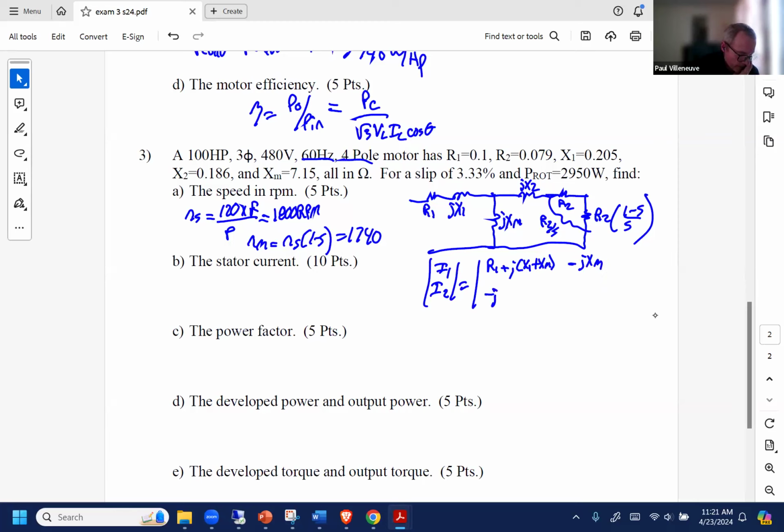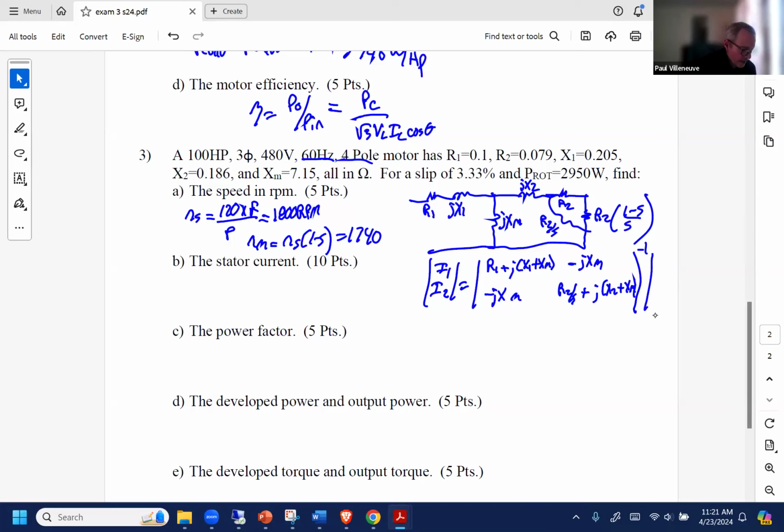It's a symmetrical matrix, so JXM, and then this one becomes R2 over S plus J times (X2 plus XM). That's inverted, and then that's multiplied by, so here's what I've got to be careful about.